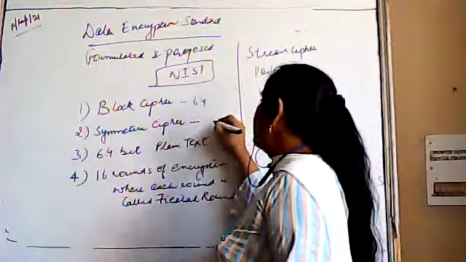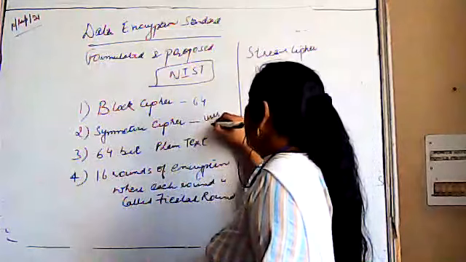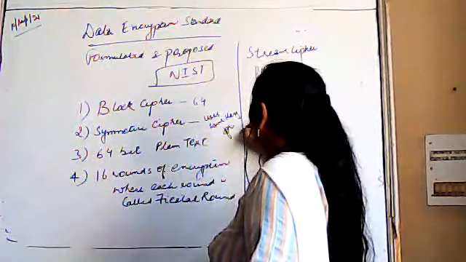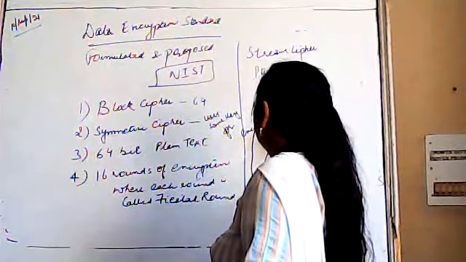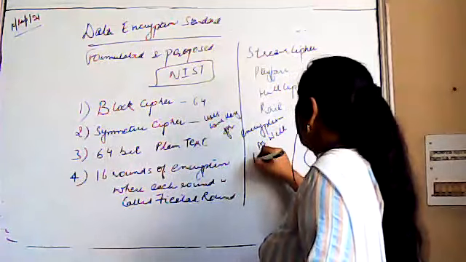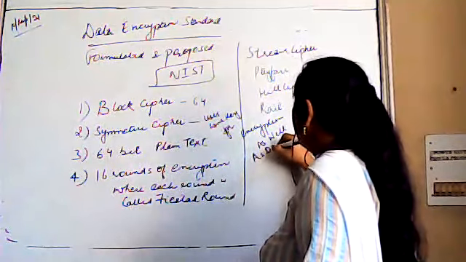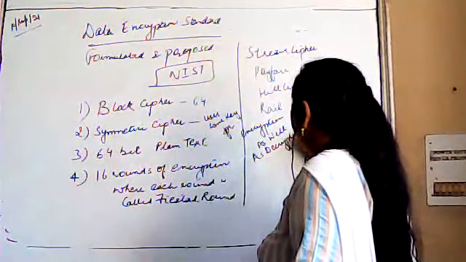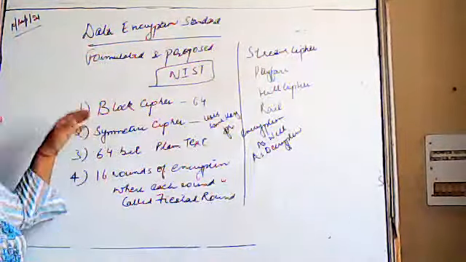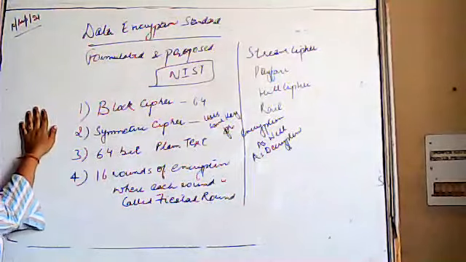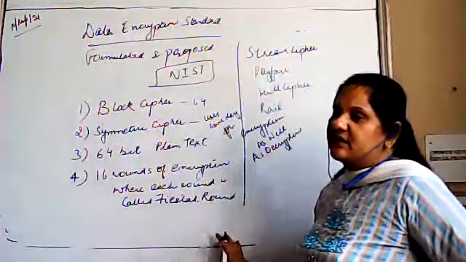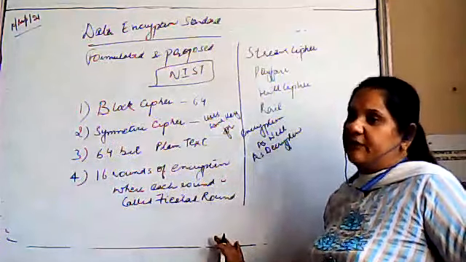Then symmetric cipher means it uses the same key for encryption as well as decryption. When both sides, that is receiver and sender, use the same key for encryption as well as decryption, that is called a symmetric cipher, and we have done that already.